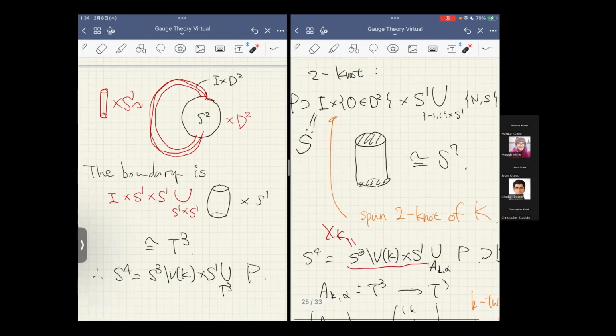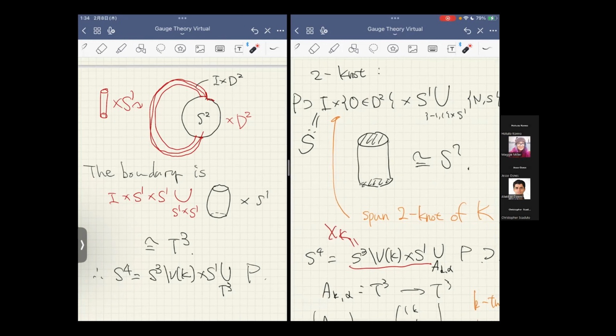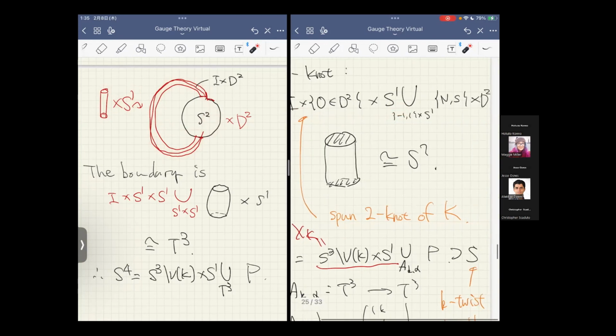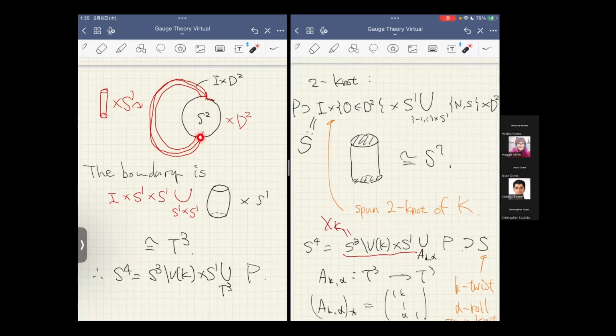So there is an embedding of S^2 in P. This is given by the knot cross S^1, this cross S^1, and the north pole and the south pole cross T^2.